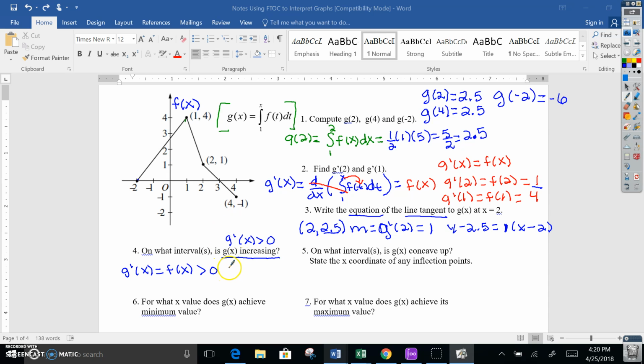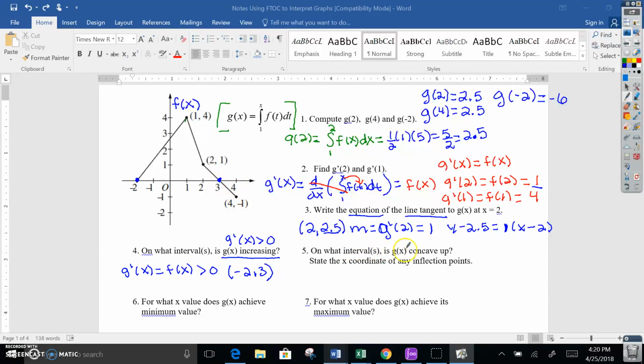Now, because it's increasing, I will accept bracket or parenthesis, but I do note that the derivative here is 0. So I'll go -2 to 3. Okay. If they asked us about decreasing, we are below the x-axis. That would have happened from 3 to 4.